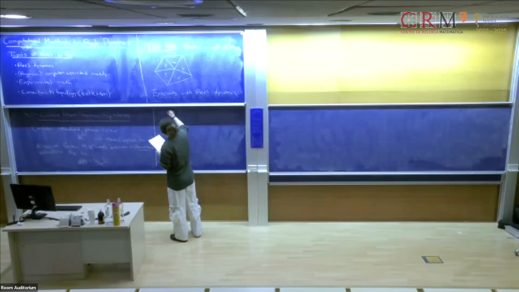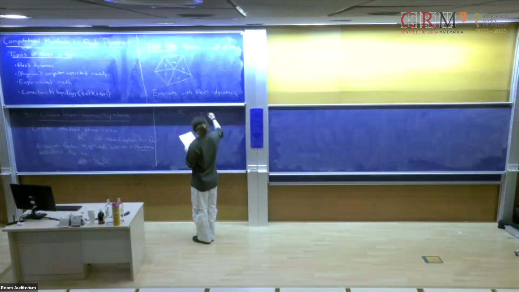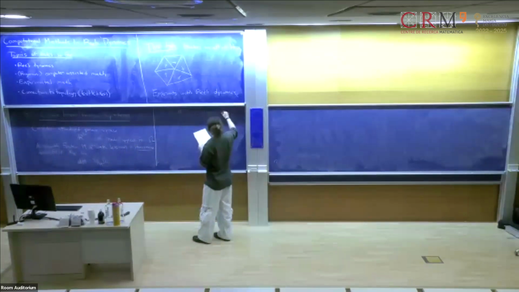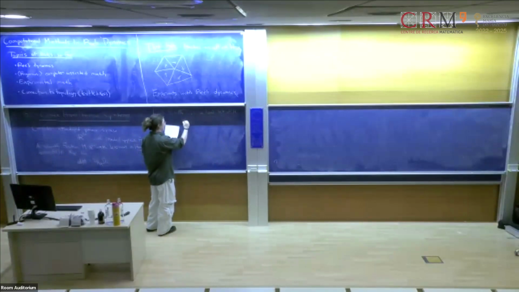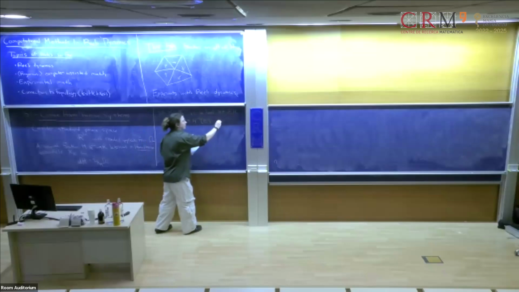So if Y inside of R2n is some level set of H, a regular level set, meaning one where dH is not zero. That means it's just H inverse of some energy E, some number.